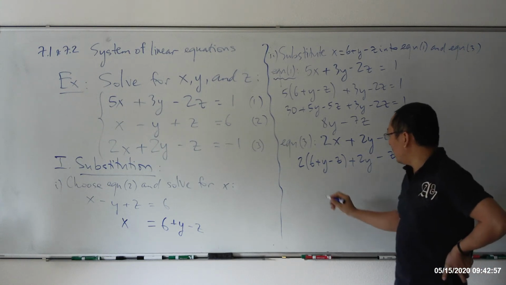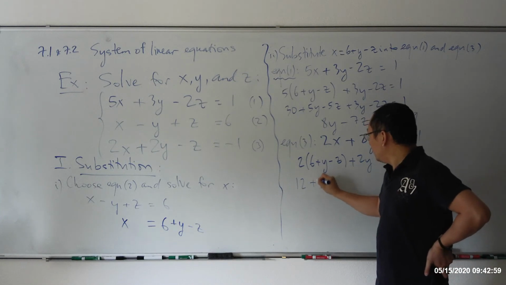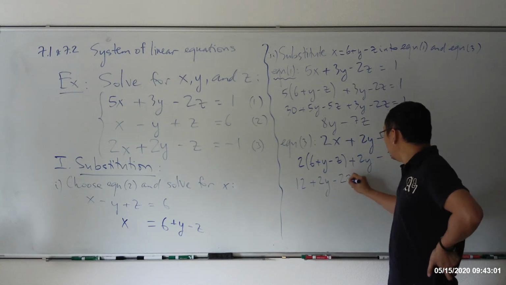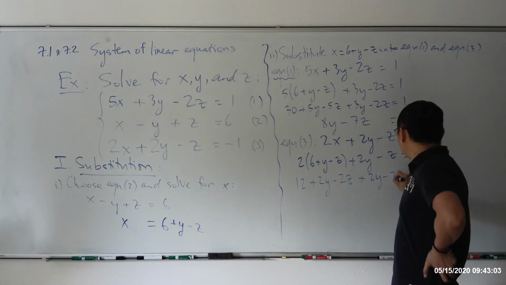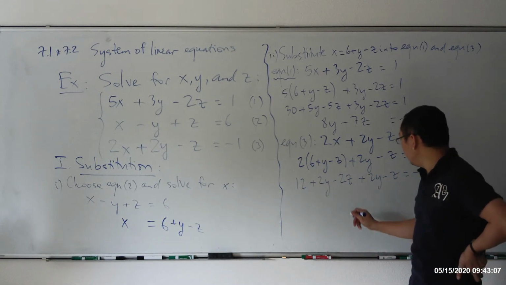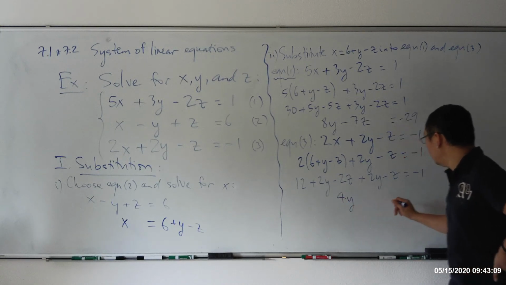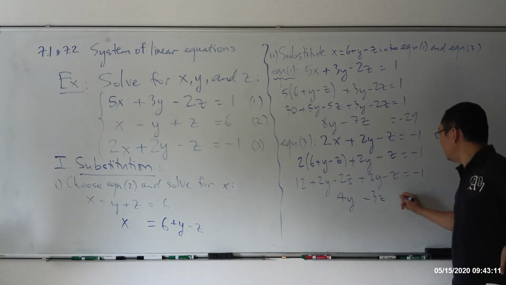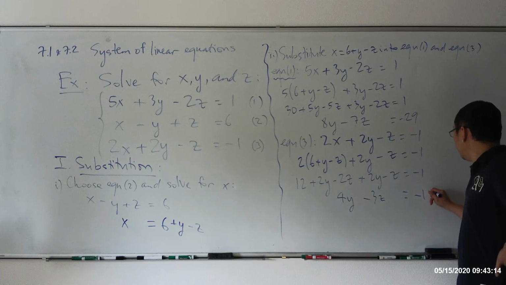Distribute and simplify: 12 plus 2y minus 2z plus 2y minus z equal to negative 1. Alright, combine our like terms: 4y minus 3z equal to negative 13.